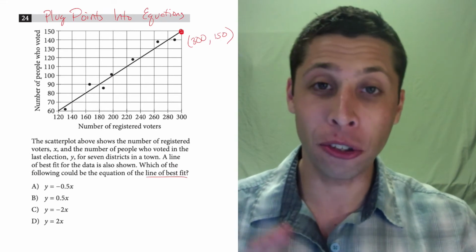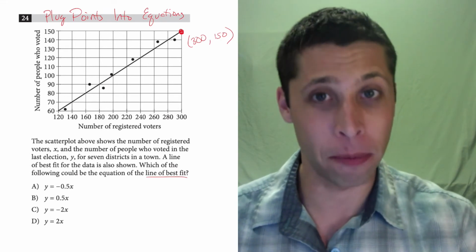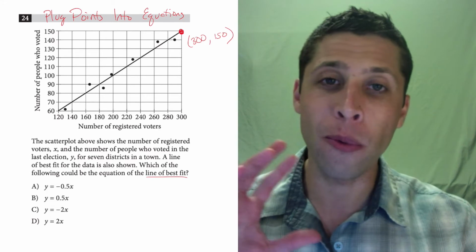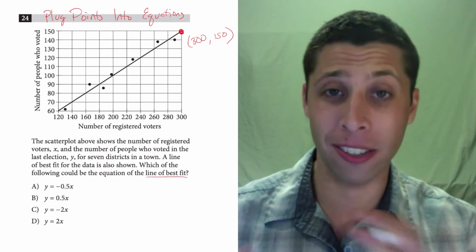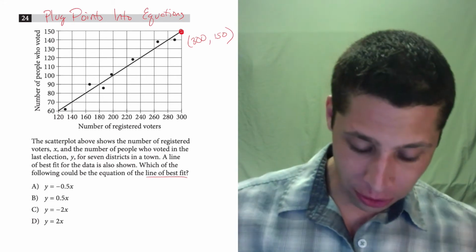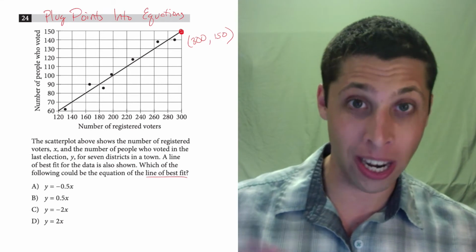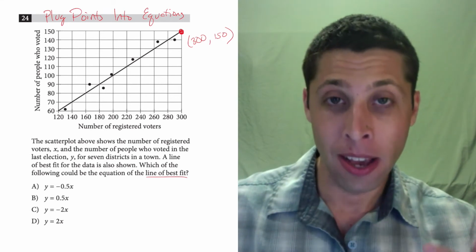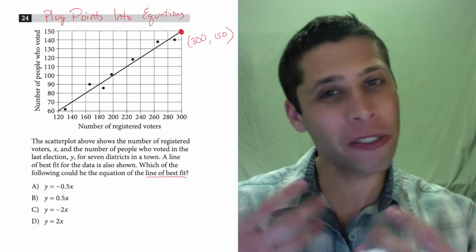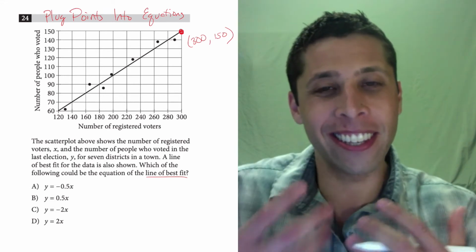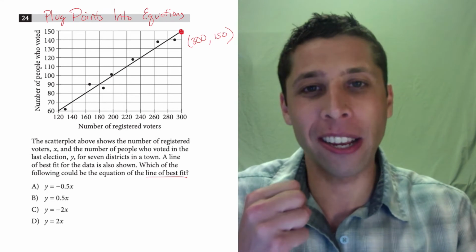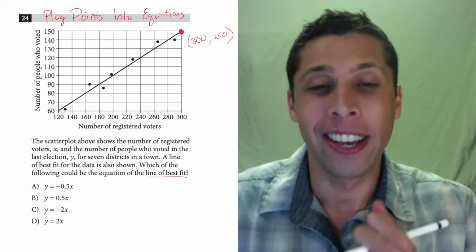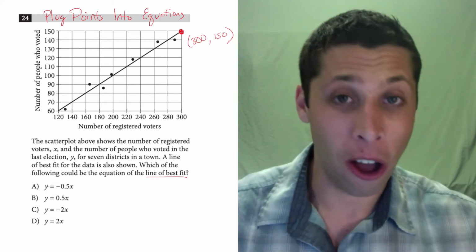One of the traps that they tend to set for people is they want you to confuse X and Y. Especially if I look at these answer choices, some of them are 1/2, 0.5, and others are 2, doubling. So I know just from the answer choices that they want me to make that mistake to confuse X and Y. So this is a great example of just be cautious and write it out.